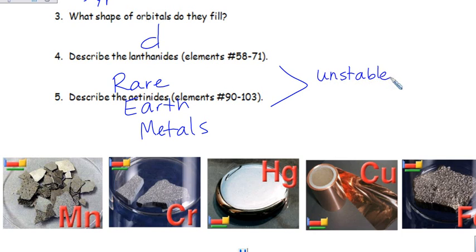Many of them are radioactive. And again, radioactive means unstable nuclei. These are some big elements down at the bottom of the periodic table. When you get that many positive protons all together, it's hard for there not to be some degree of repulsion in that nucleus. Radioactive and unstable, those kind of go right together.